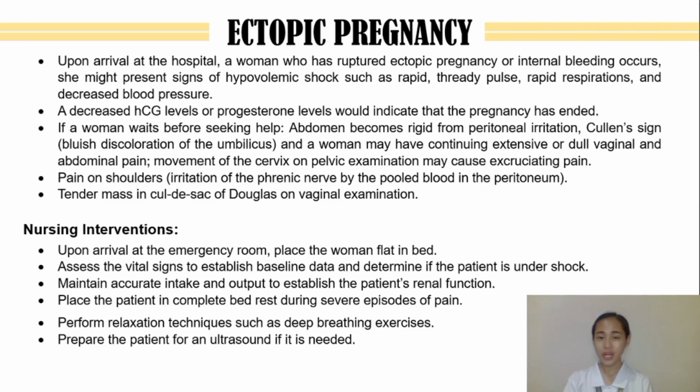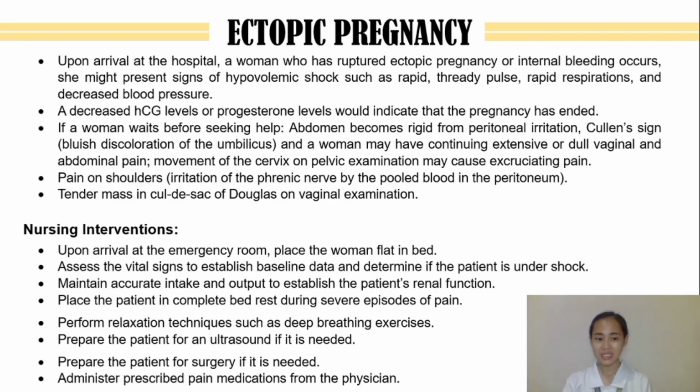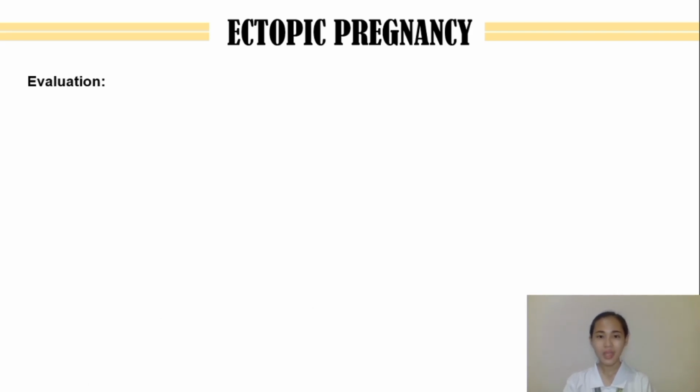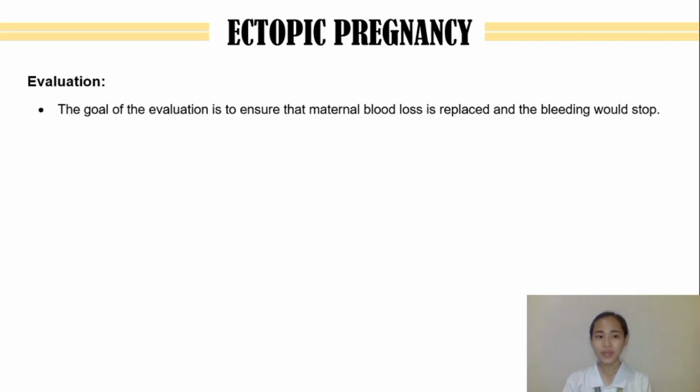Prepare the patient for an ultrasound if it is needed. Prepare the patient for surgery if needed. And administer prescribed pain medications from the physician. For the evaluation, the goal is to ensure that maternal blood loss is replaced and the bleeding stops.